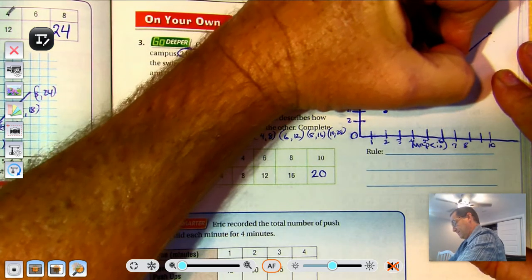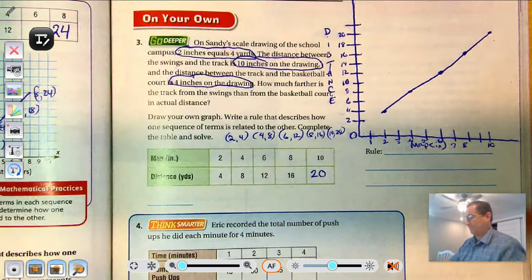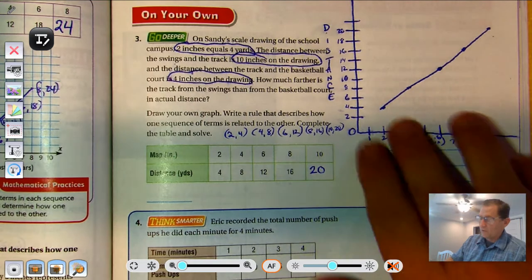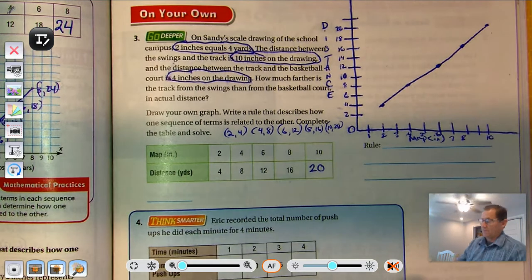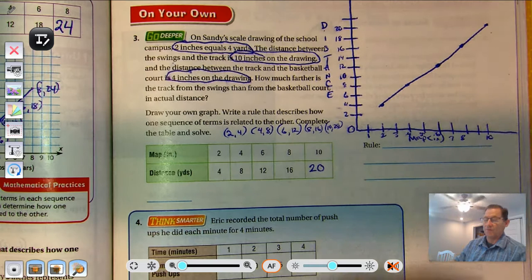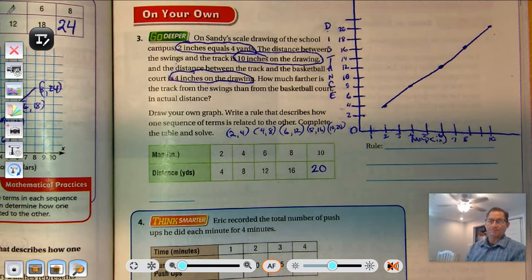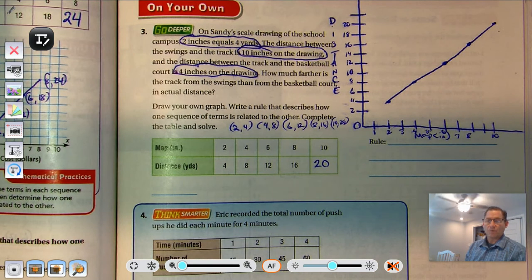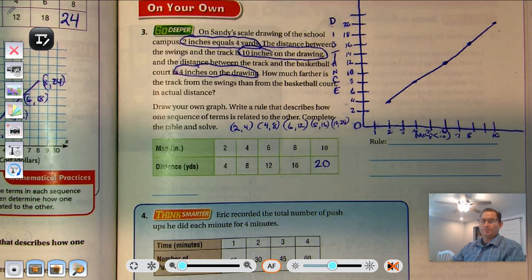Showing the points. A little off as far as a straight line, just because the spacing is going to be a little off without grid lines. Okay. So what is the rule?